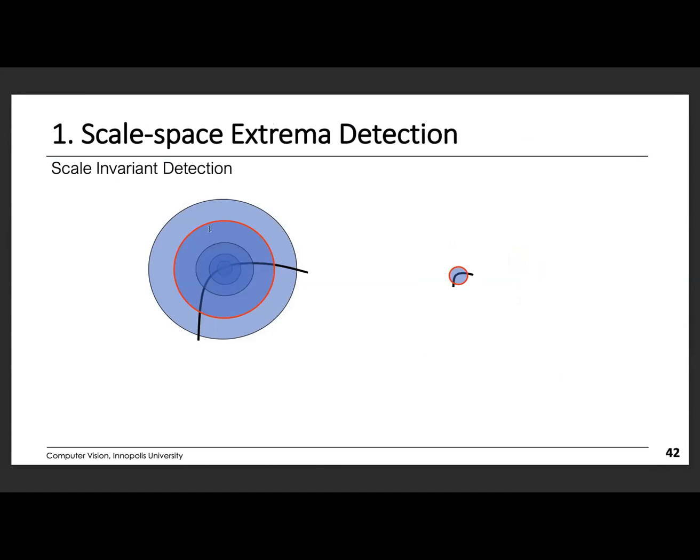And we could, for example, in this case, instead of using a smaller size for the window, use a window that is this big, and that would tell us that this point is a corner. If we use a smaller window, it will tell us that this point is an edge.